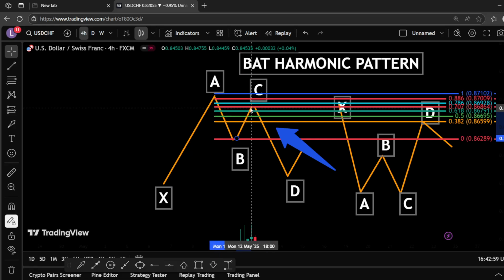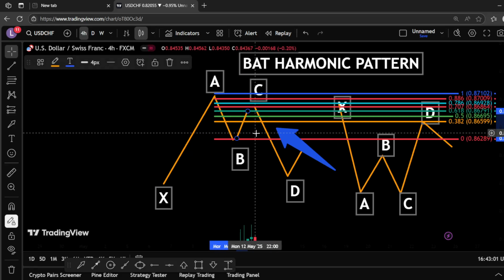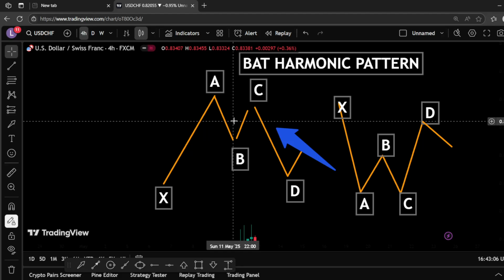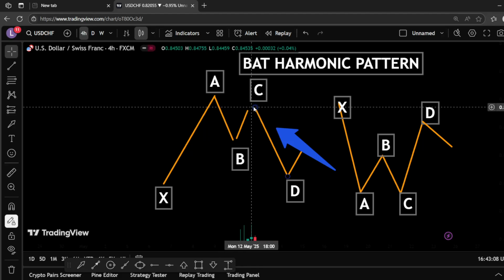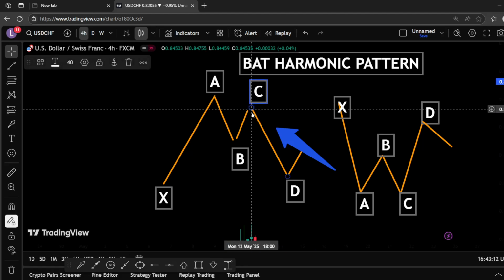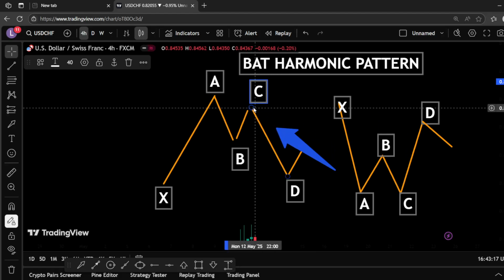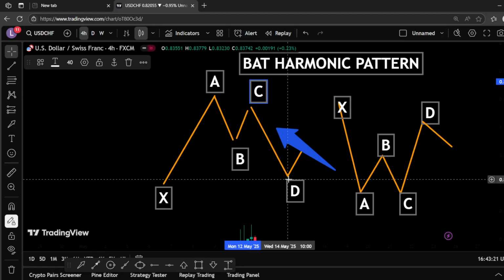So let's say it ended here. That is our C leg identified. Then to identify the D leg, this D leg here would terminate at 0.886.